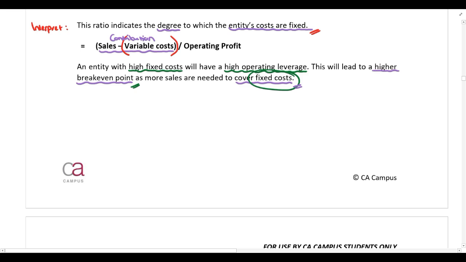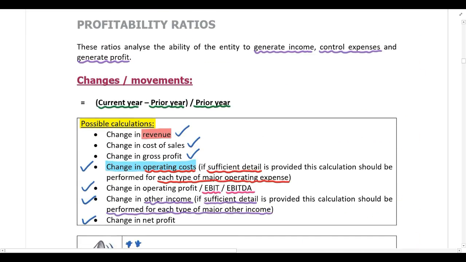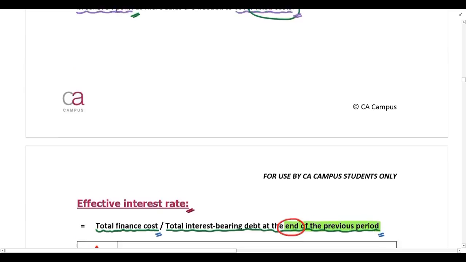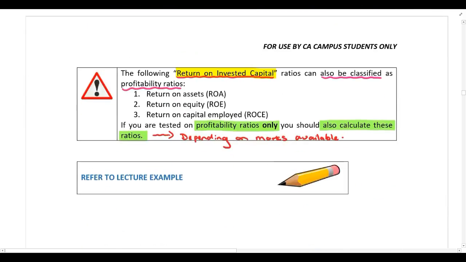And remember, all of these ratios are listed in the order of importance. So when you start with your calculations, you start at the top and you work your way down. So if you've already performed enough calculations based on the marks available, you stop and you don't continue just performing calculations. Obviously, then you're just wasting time. All right, guys, so that deals with everything in the lecture notes.